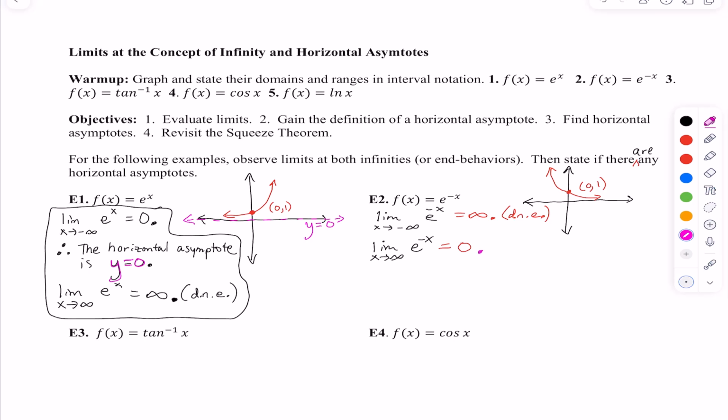And just like last time, we can conclude that, therefore, the horizontal asymptote for this function is once again y equals 0. You must write y equals 0. That is the name of the horizontal asymptote. In other words, if the horizontal asymptote introduced itself, it would say, my name is y equals 0.